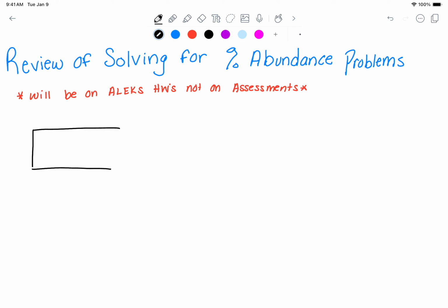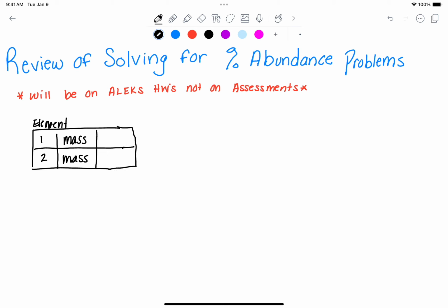In that table we are given the element, we know what the element is, and then we're given its two isotopes, and then that specific isotope's mass, and then it asks us to solve for the percent abundances of each.